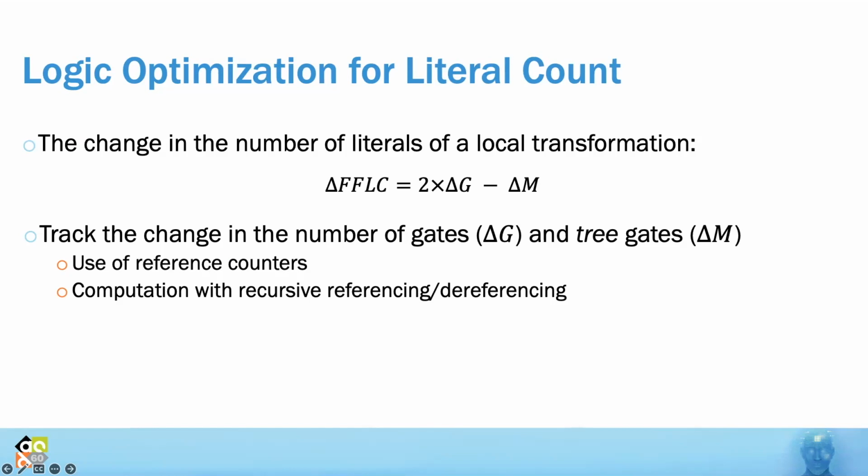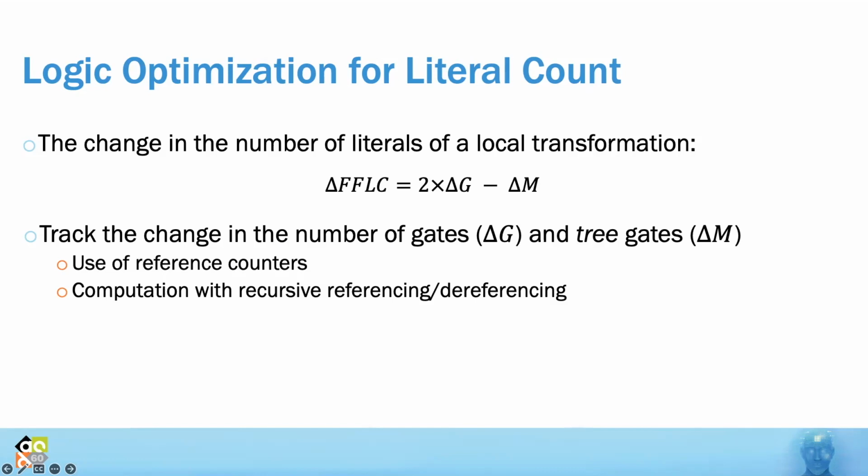Tree nodes, I remind you, are the nodes with a single fan-out. And so from a local analysis, we can compute the change in factor form literal count globally by tracking the number of gates and the number of tree gates.